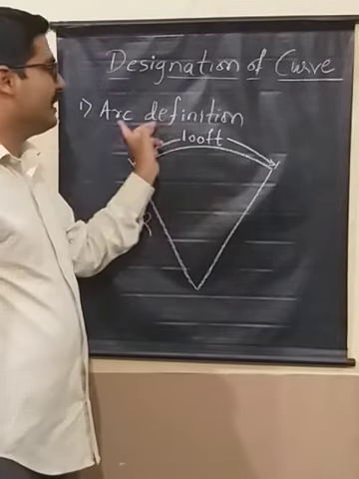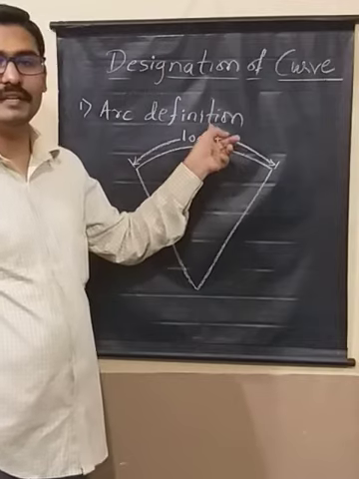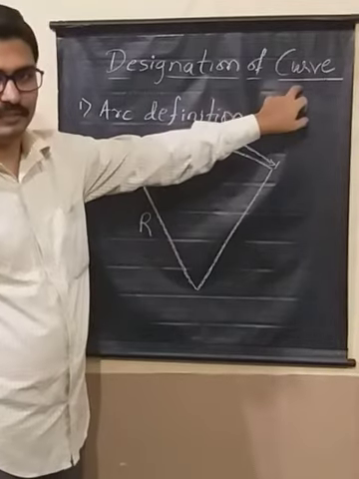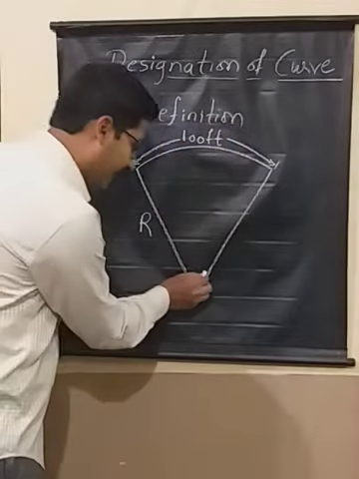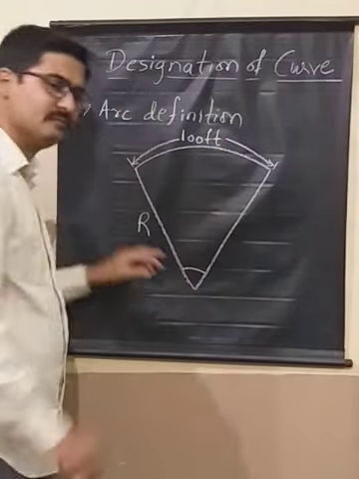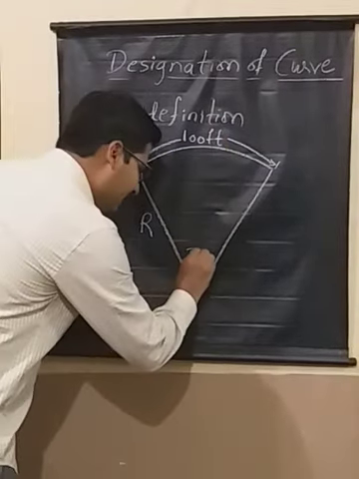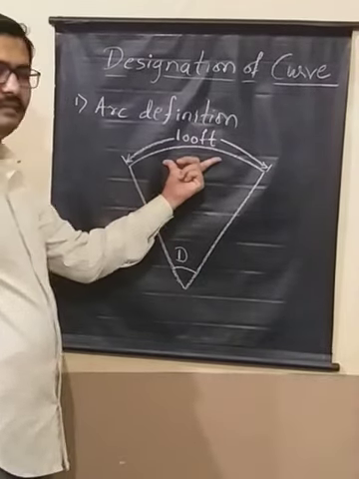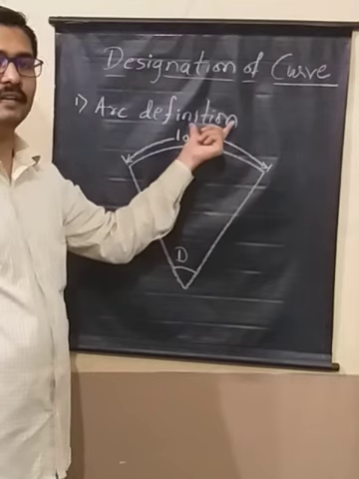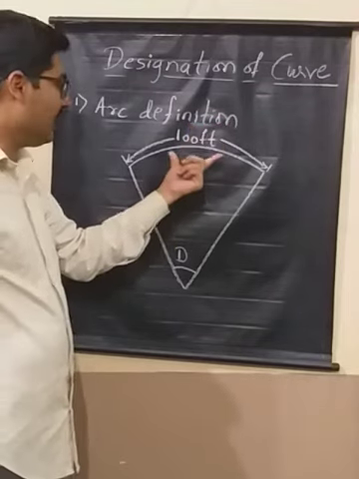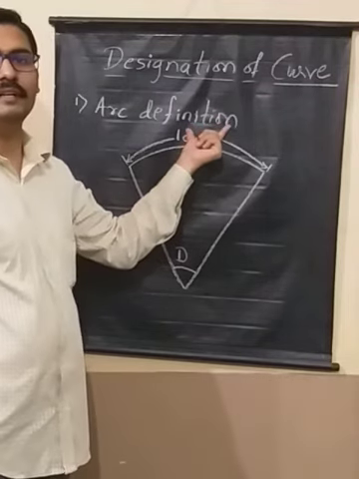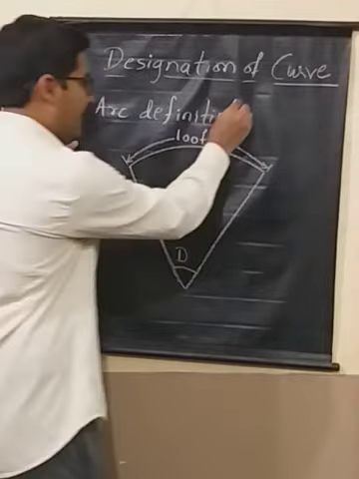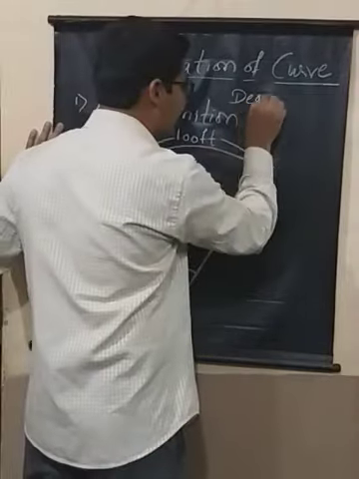Then based on the arc definition, the degree of curvature or degree of the curve is this angle, right? The angle subtended at the center by a curve of 100 feet length, or by an arc of 100 feet length. So what is degree of curve? Remember, I am talking about degree of curve.